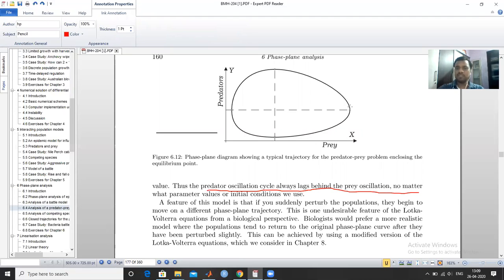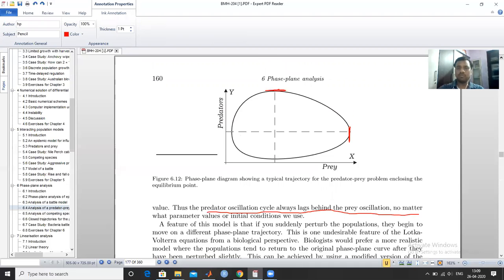Means the prey reaches its maximum value before the predator reaches its maximum, because we have seen by the model analysis that the population of the prey reaches its maximum level before the maximum population of the predator. So therefore this is not a symmetric type, this oval reaches the maximum, then after it reaches this.